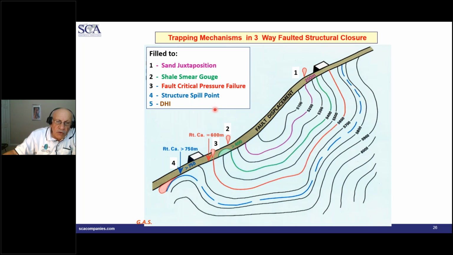But if you're lucky enough and you have a huge closure and large sealing capacity and retention capacity, your compartment is going to be huge right here. And the only place the hydrocarbon is going to spill is at the spill point right here. So compartmentalization is good. Okay, here is the DHI. If you have a bright spot.